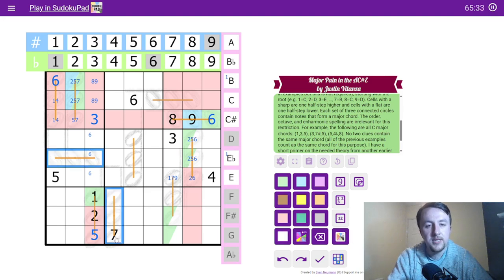We need a modifier on here. We know we're going to get a modifier on here, but that might be a flat down here, or it could be a sharp anywhere, or it could be both. So one of B and E flat is now done.